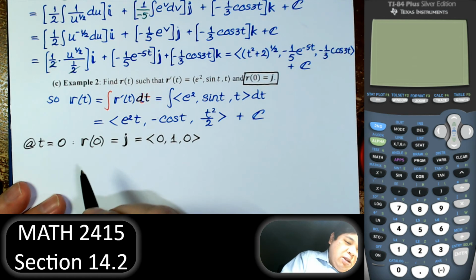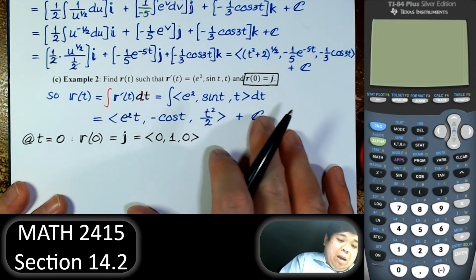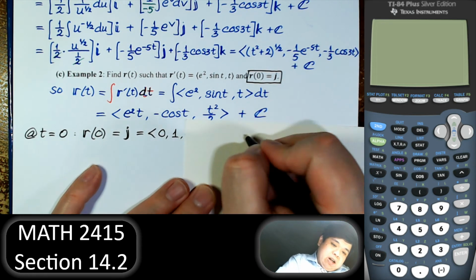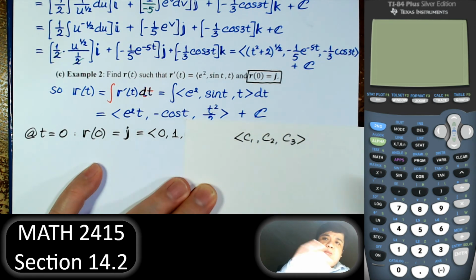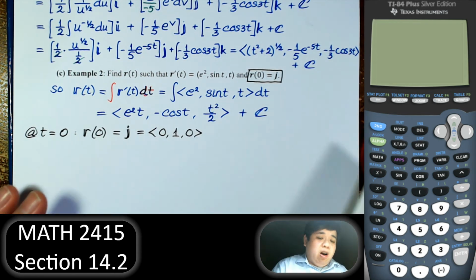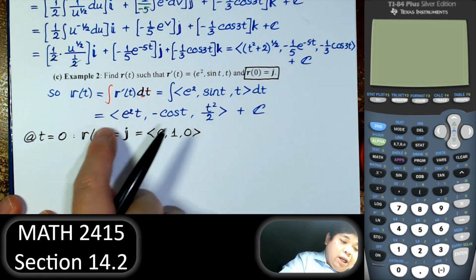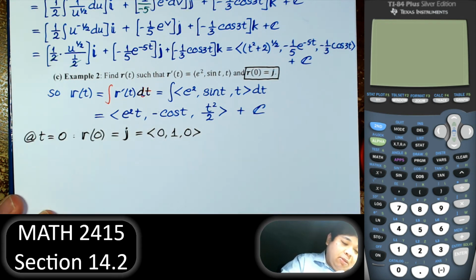I can write the c here as a vector with components c1, c2, and c3, but I'm not going to do that. I'm just going to keep the constant c like that. I'm going to put 0 in here and equate all of that to this.